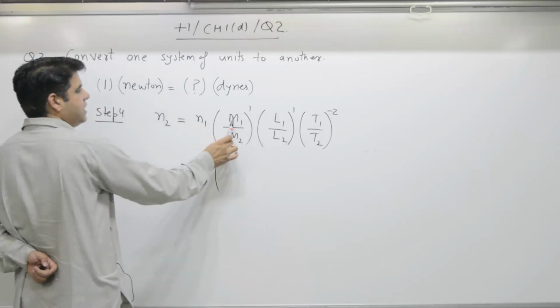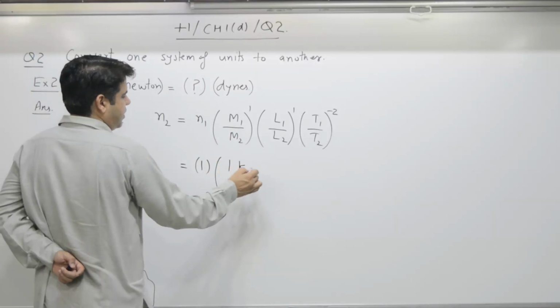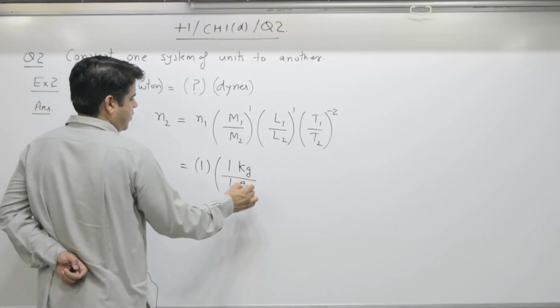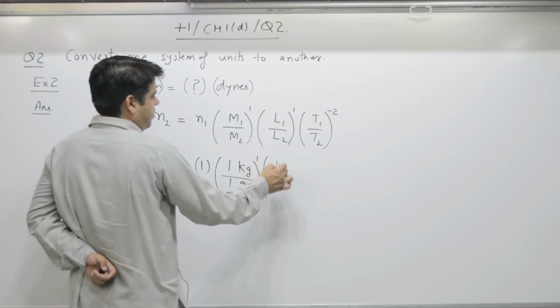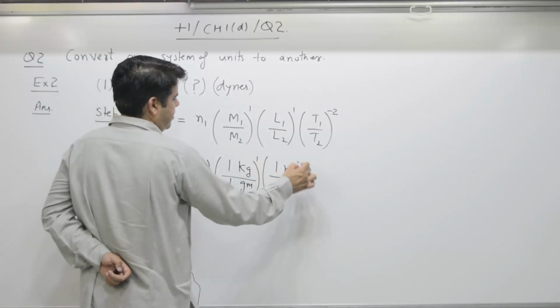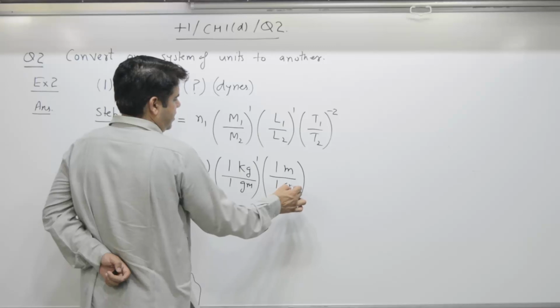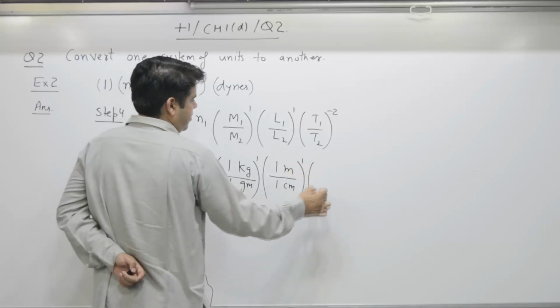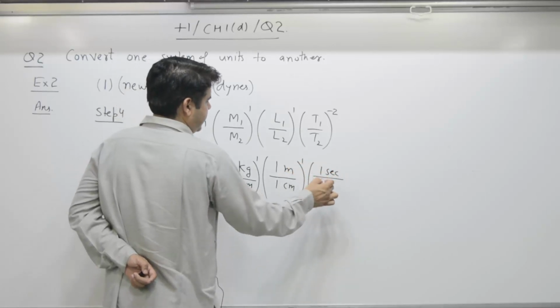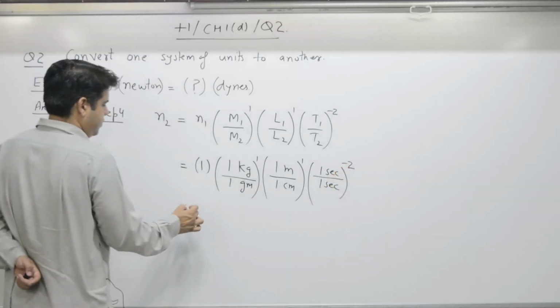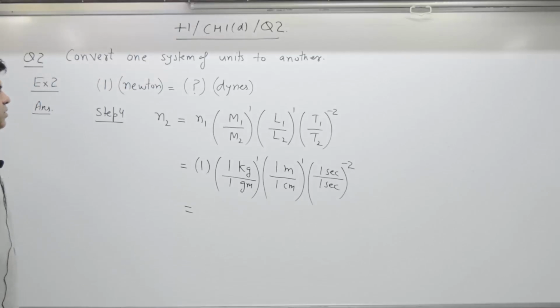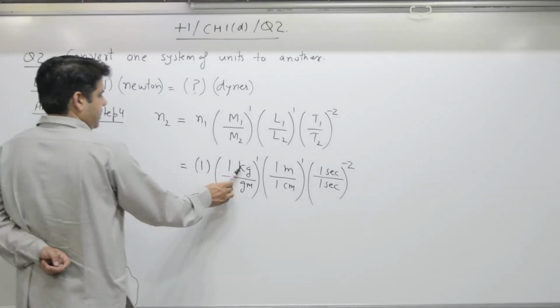M1, that means SI, 1 kilogram, 1 gram. L1, 1 meter, 1 centimeter, 1 second, 1 second, power minus 2.